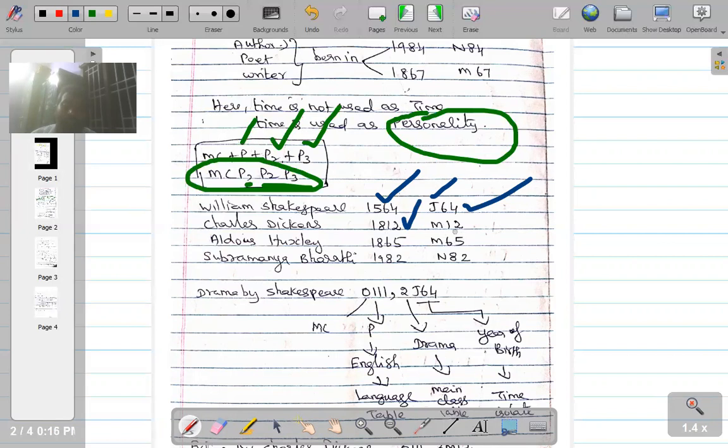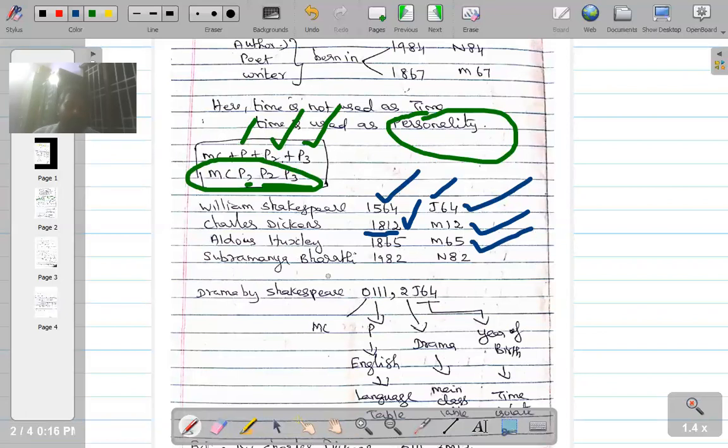What about Charles Dickens, who was born in 1812? His number is M12. The last two digits are written as such, and the first two digits, which stand for the century, are converted into an English alphabet. Then Aldous Huxley, who was born in 1865, his number is M65.